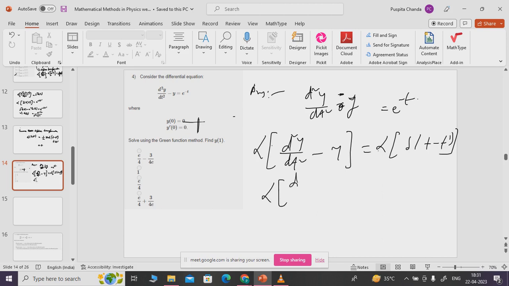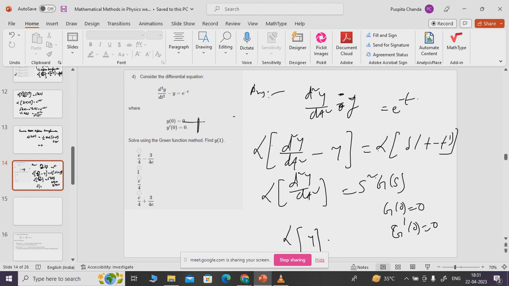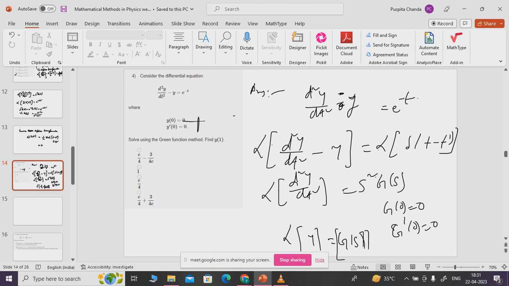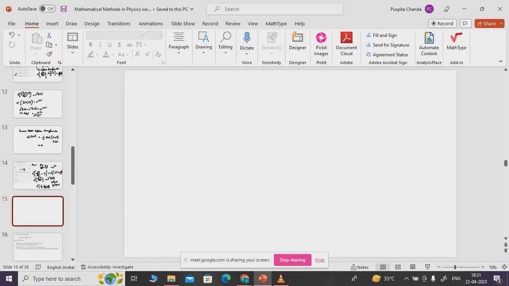Again it only gives this part as g of 0 equal to 0 and g dash of 0 is also 0. L of g is Gs. So it will become s square Gs minus Gs is equal to e to the power minus s t dash.